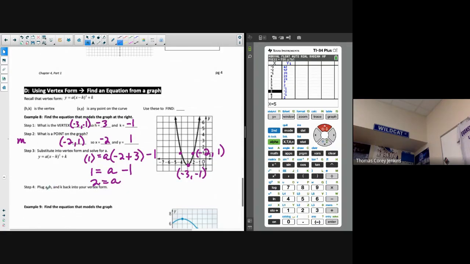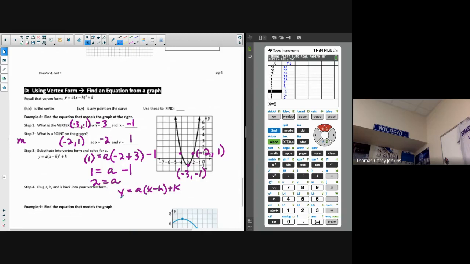All right, so then it says plug a, h, and k back into vertex form. So it'd be, I'm just writing out vertex form.